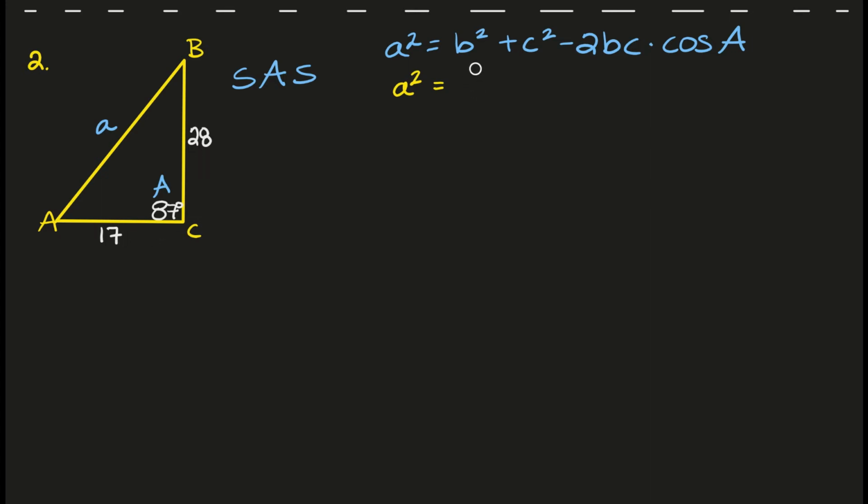It doesn't matter what order you put them in because addition is commutative as well as multiplication. So typically what I like to do is the smaller number I'll write first. So I'm going to say 17 squared plus 28 squared minus 2 times 17 times 28. And I will multiply this by the cosine of angle A, and we know that that is going to be 87 degrees.